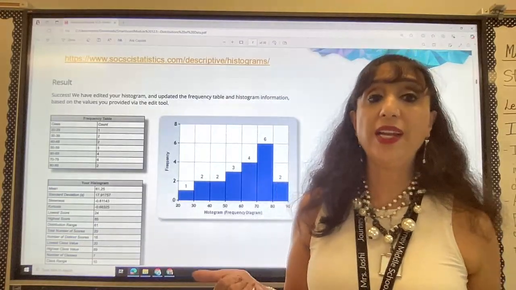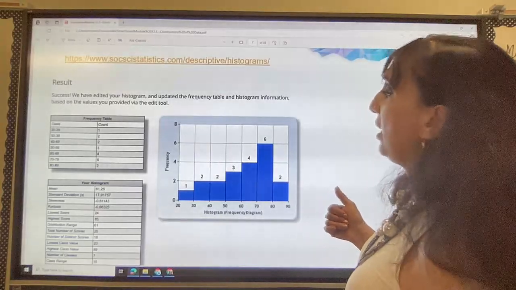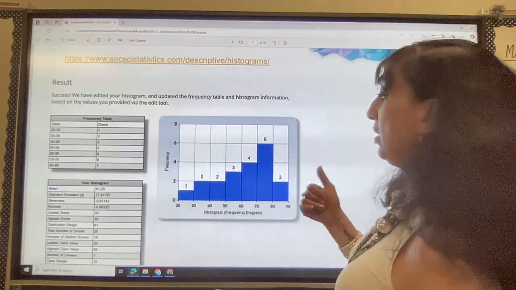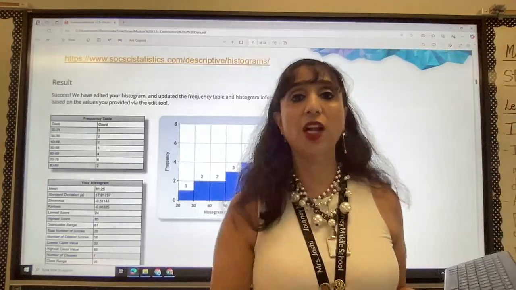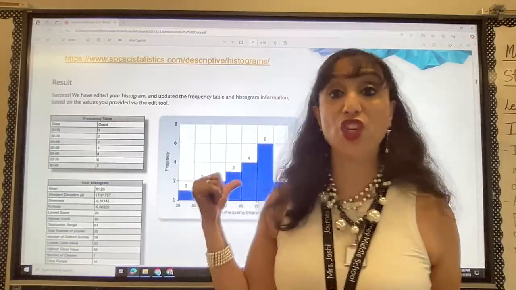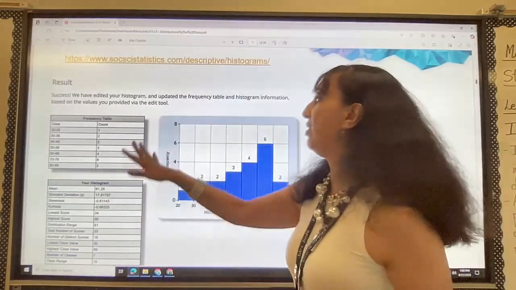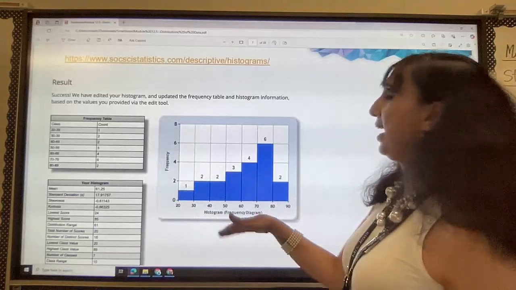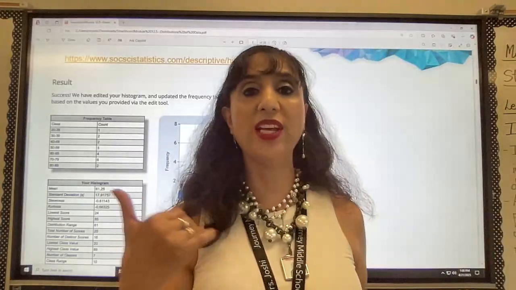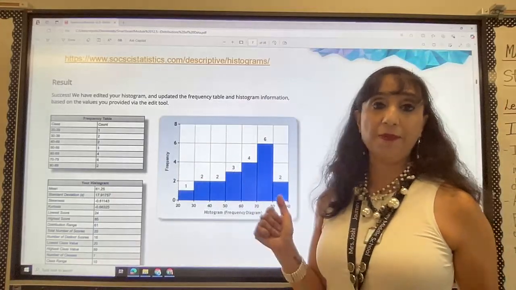And what I did was I entered the values, and you basically have a column. So in the column, I went ahead and input all the values that were just provided to me in the earlier slide, and then it does the rest. It's given the frequency, and it went ahead, and I also selected that I want the intervals in tens, and so this is what it gave me.